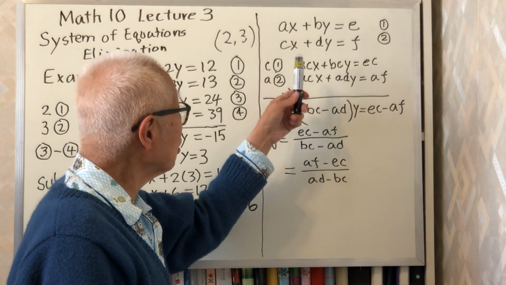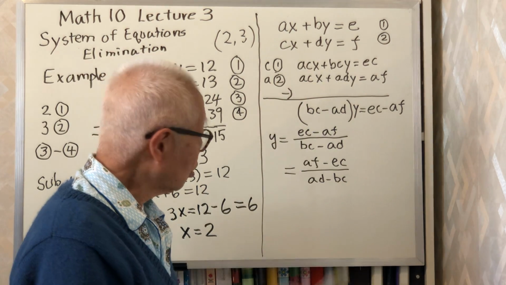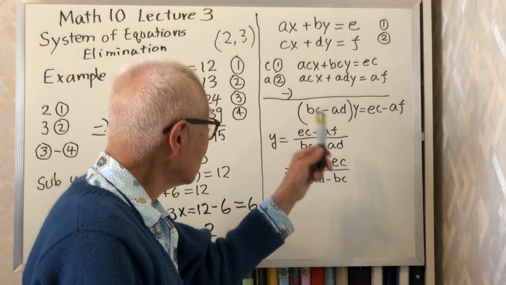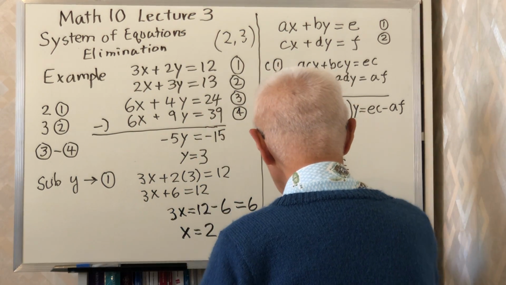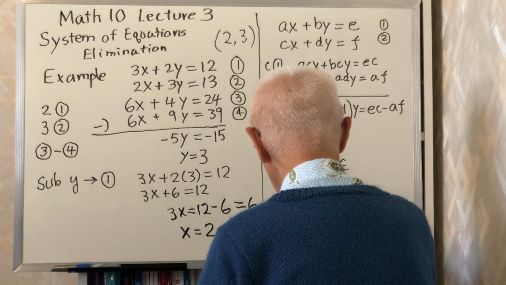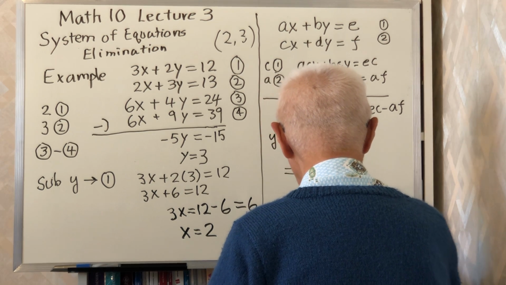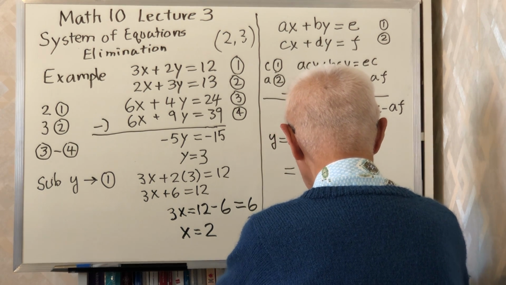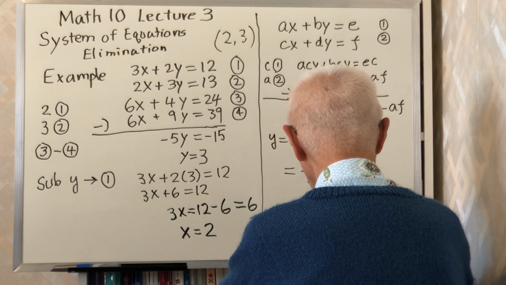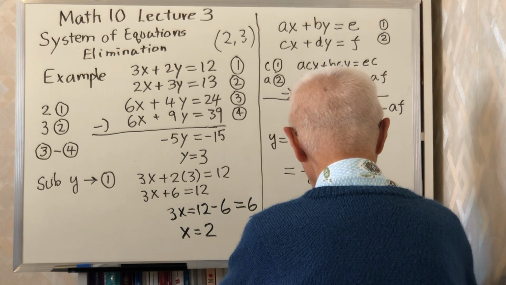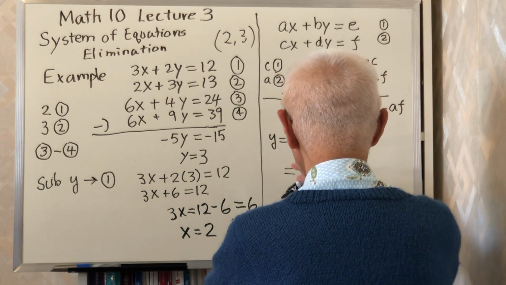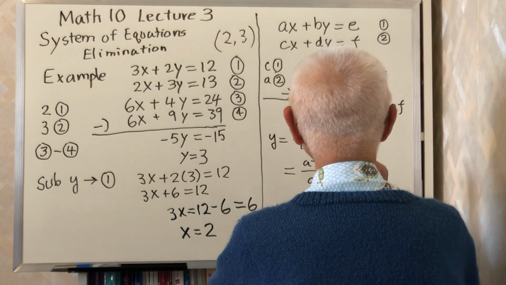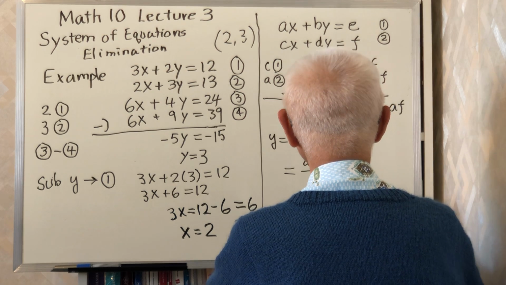I'm not going to show the detail. You follow this way, you get x. And the x is, the denominator is the same as the denominator of y, but the numerator, of course, is different.